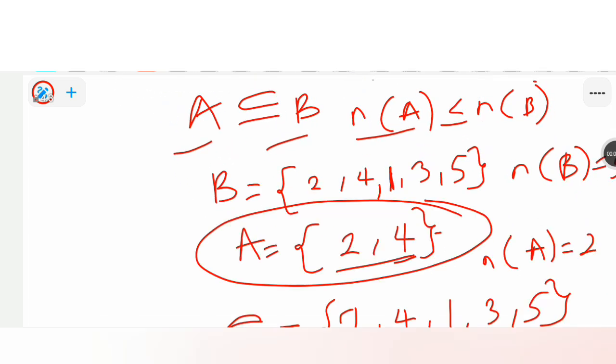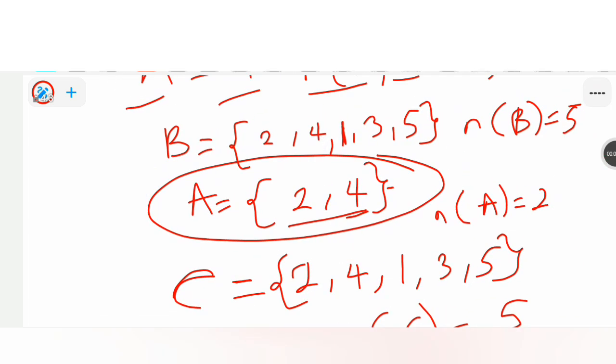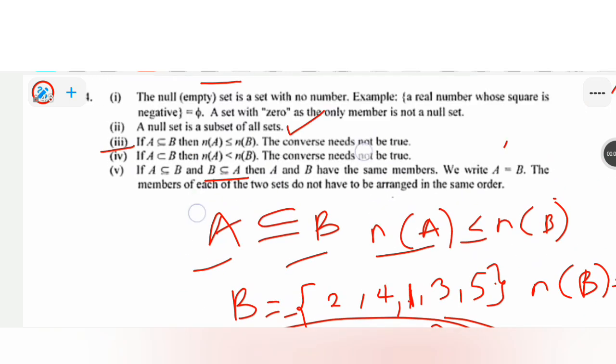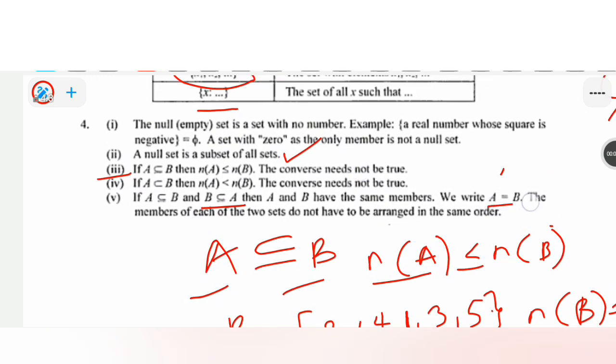Look at set B and set C. Set B is 2, 4, 1, 3, 5. Set C is also 2, 4, 1, 3, 5. So the two of them are equal. That means they are subsets of each other. They can be taken out from each other. So both of them are equal. Sets B and C are equal. That's what you have here.